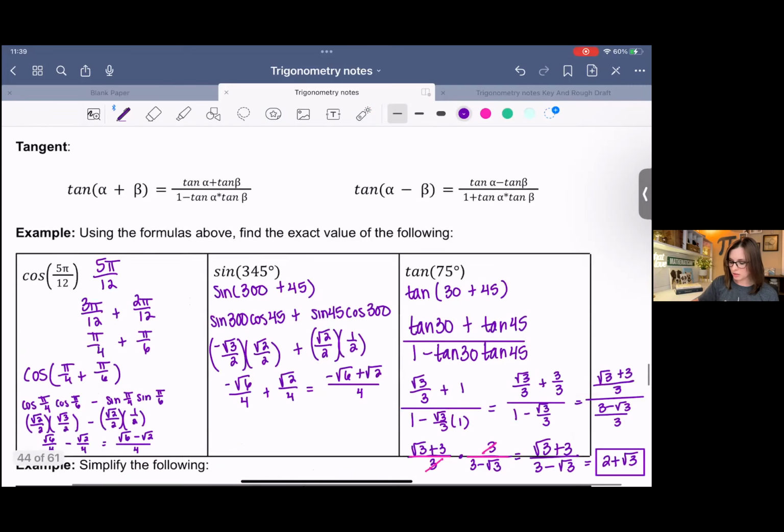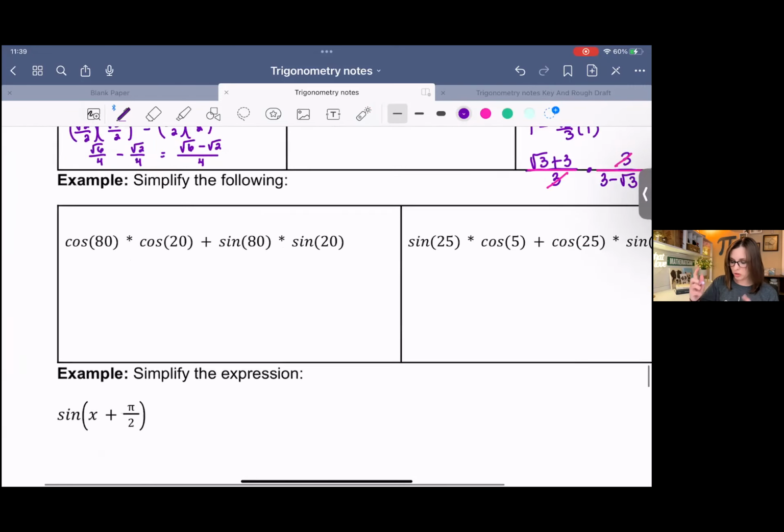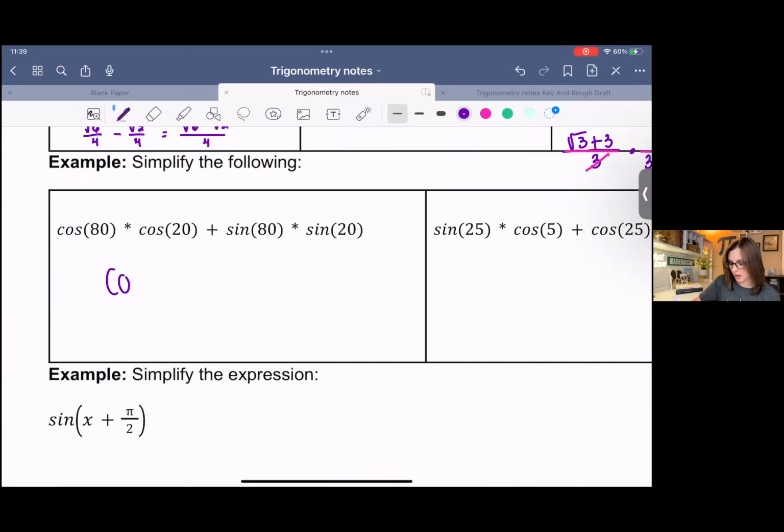So that means originally we had cosine of 80 minus 20 for it to translate to addition. And 80 minus 20 is 60. And I do know the cosine of 60. So I can definitely simplify that. The cosine of 60 is just 1/2.